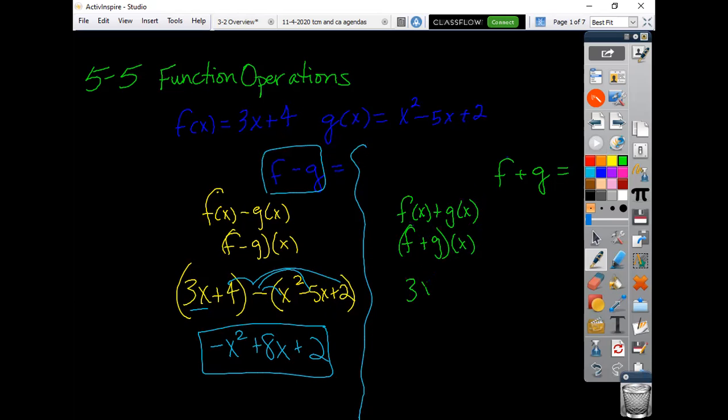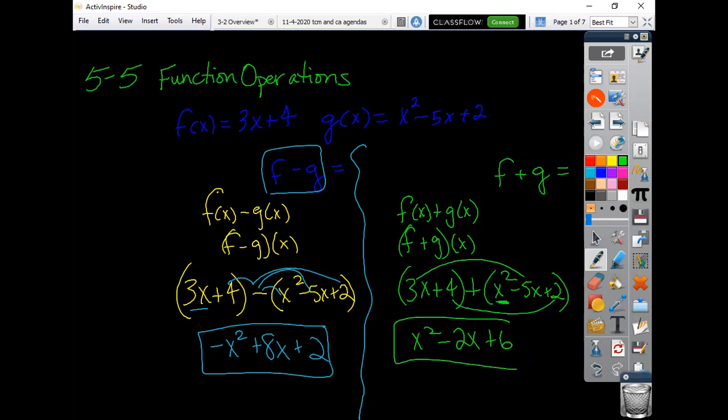The 3x plus 4, and add on to it your x squared minus 5x plus 2. And in my standard form, highest degree first. 3x plus a negative 5x would be negative 2x. And then 4 plus 2. And so it would just look like that.